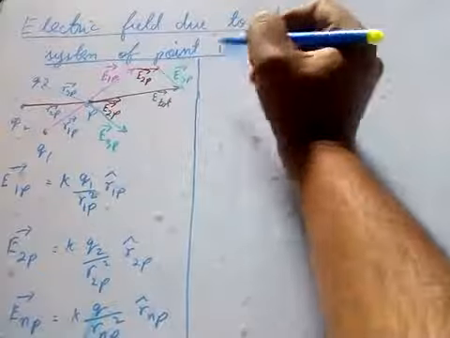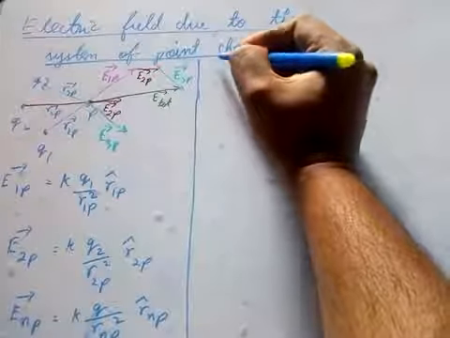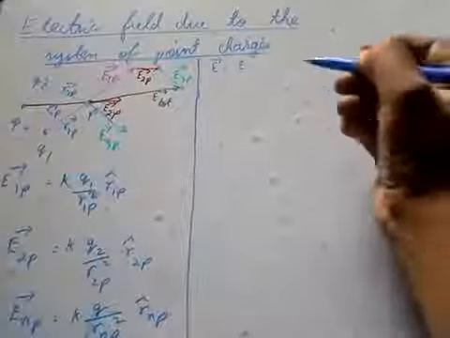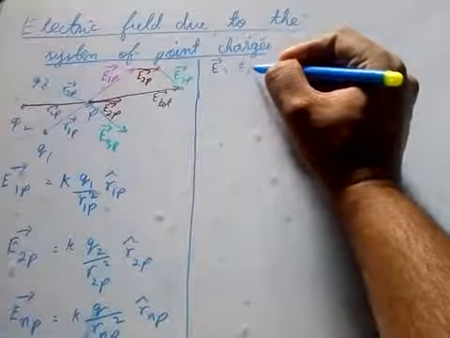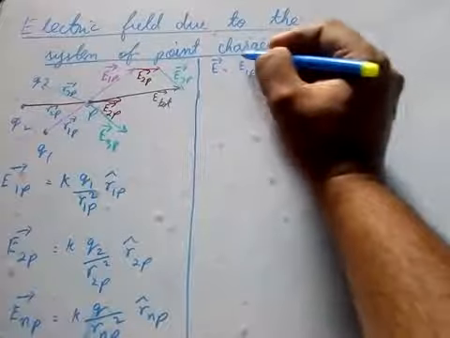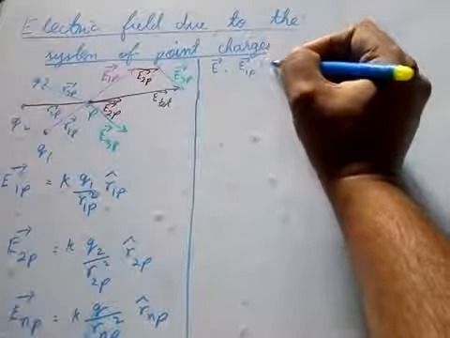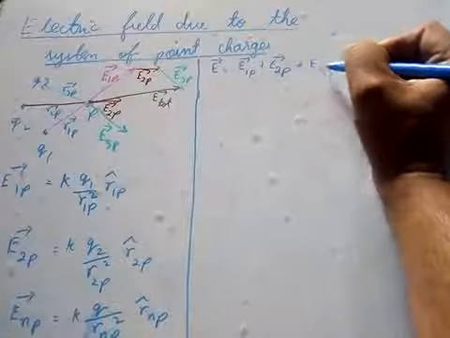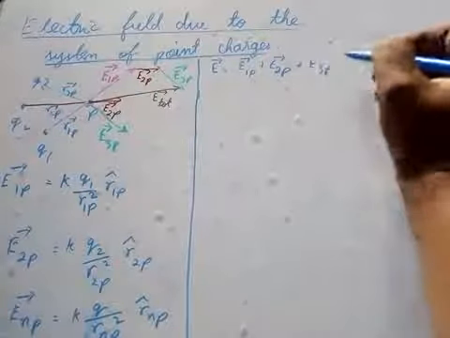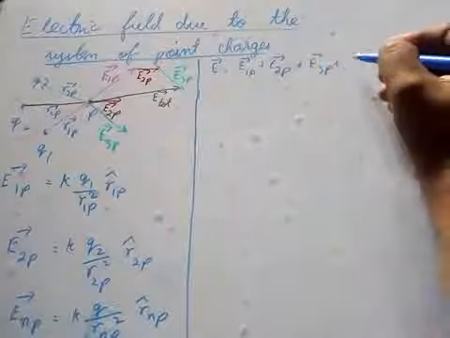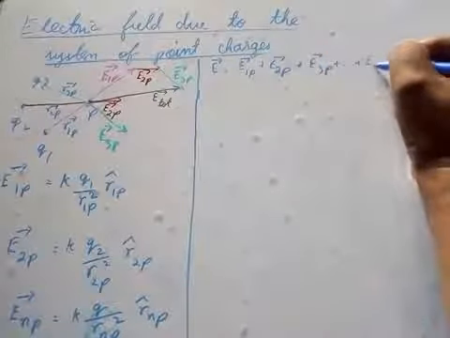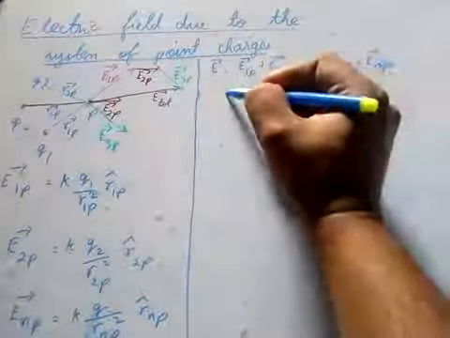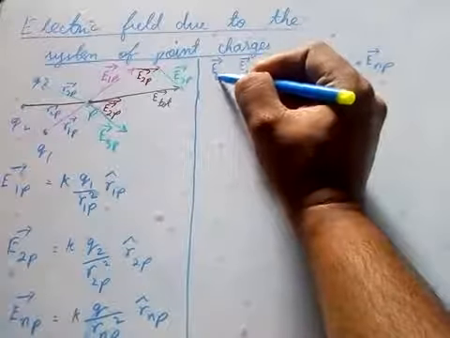Now let's use the superposition principle, that is, the electric field E is equal to the electric field due to the first charge on point P, plus the electric field due to the second charge on point P, plus the electric field due to the third charge on point P. Like this we can write up to the electric field due to the nth charge on point P. Let's substitute this now. So this will be E total.